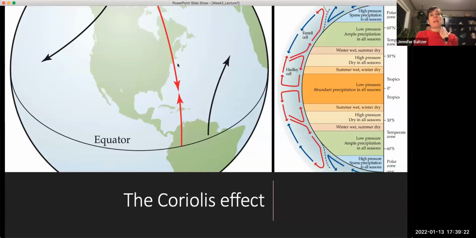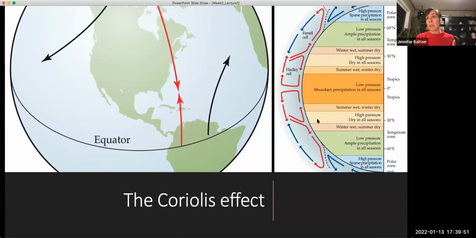So if you think about this area here, this is not the best diagram to demonstrate that actually, but we've got an area of high pressure, an area of low pressure. So high pressure around the tropics of Cancer and Capricorn, low pressure around the equator. And so air moves from areas of high pressure to areas of low pressure. So in the northern hemisphere, you'll have movement of air from 30 degrees down to 0.